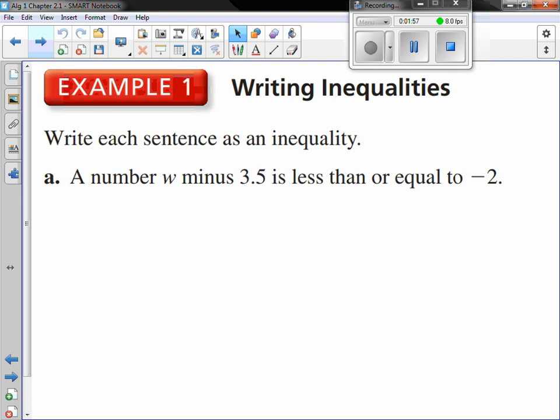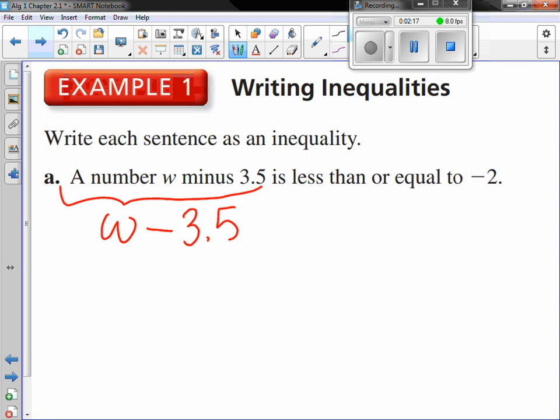Now, a number w minus 3.5 is less than or equal to negative 2. We're just going to go straight from left to right. A number w minus 3.5. So what are we saying? W minus 3.5 is what?